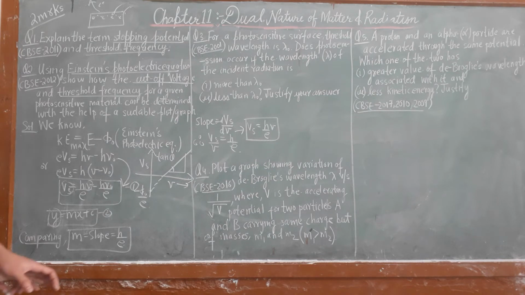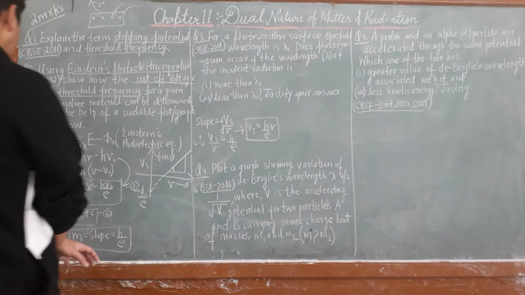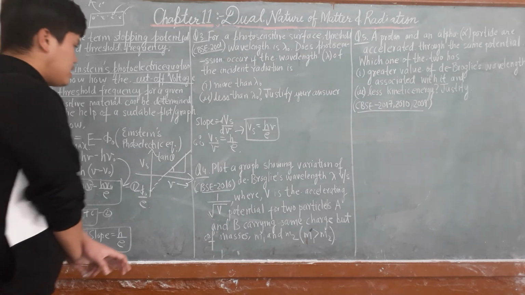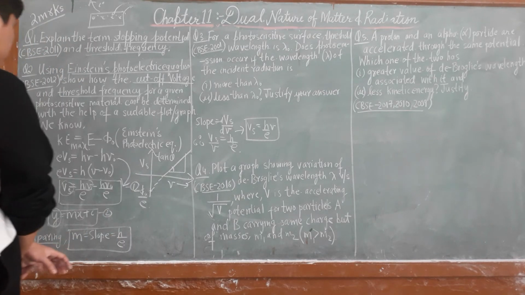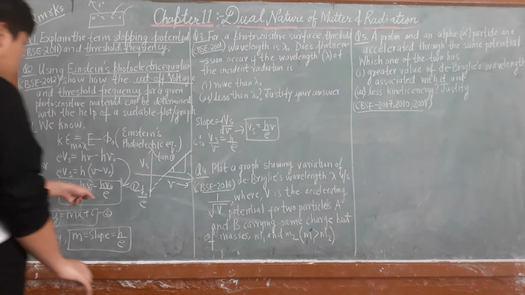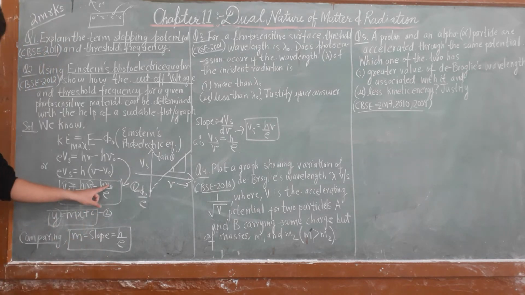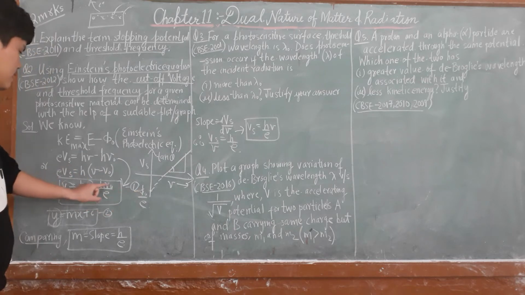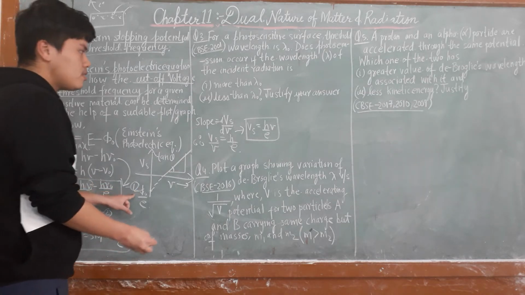So this is the value of stopping potential through the graph. Here the value of threshold frequency is given. The y-intercept is phi naught upon e, that is h nu naught upon e, with a minus sign: minus h nu naught upon e.